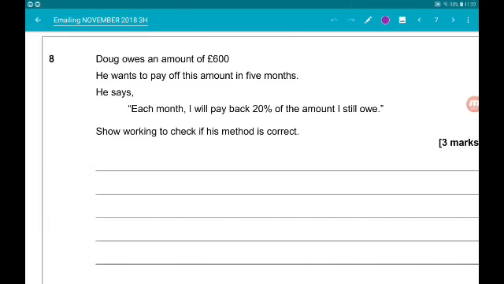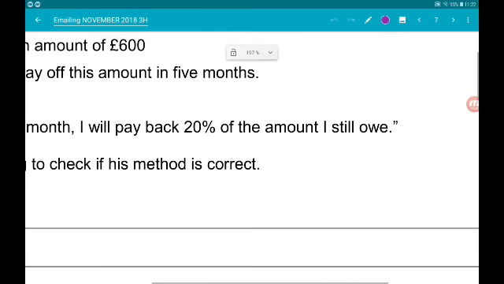Okay, question 8. Doug owes an amount of £600. He wants to pay off the amount in 5 months. He says, each month I will pay back 20% of what I still owe.